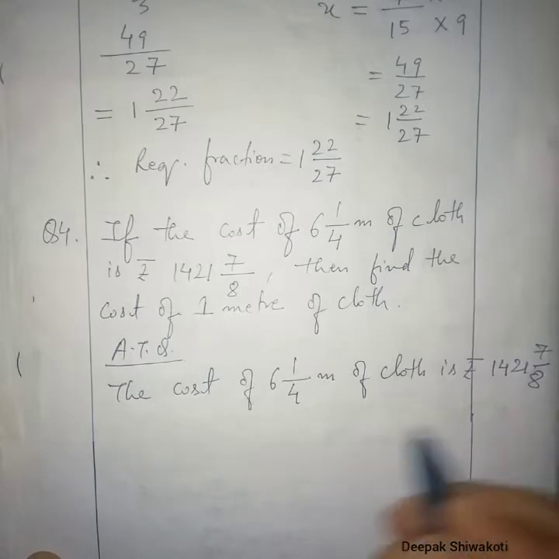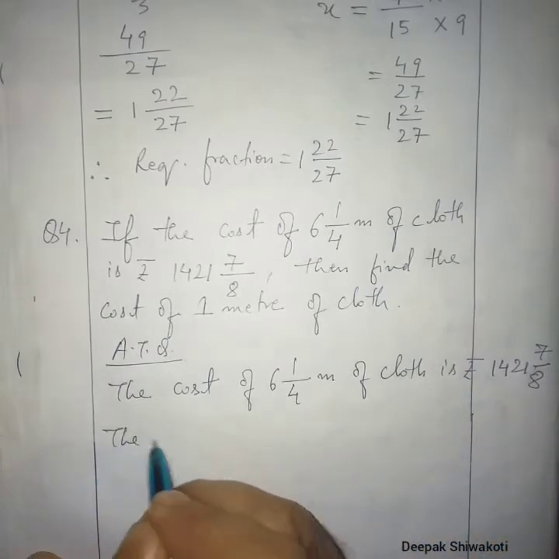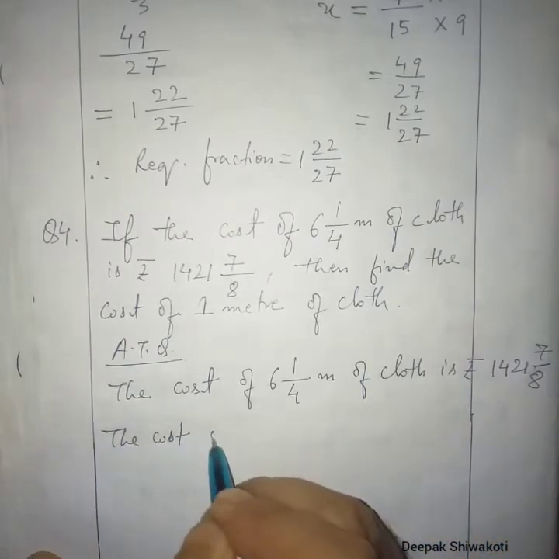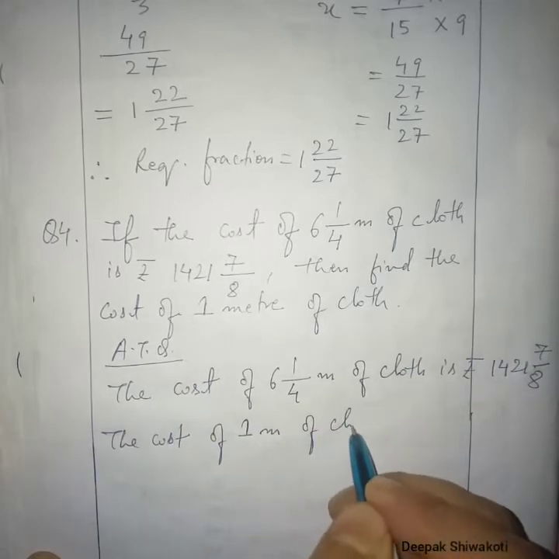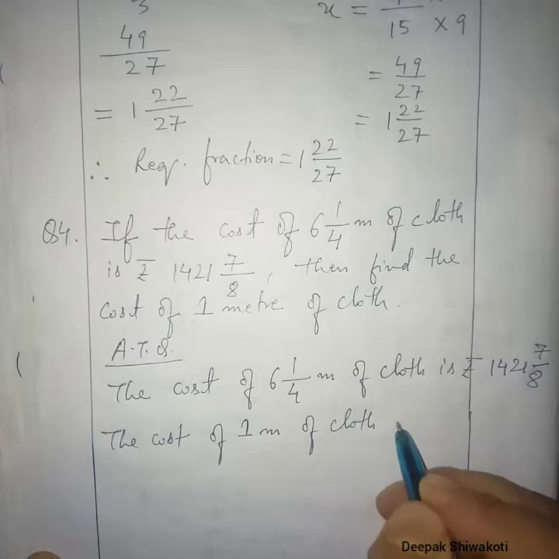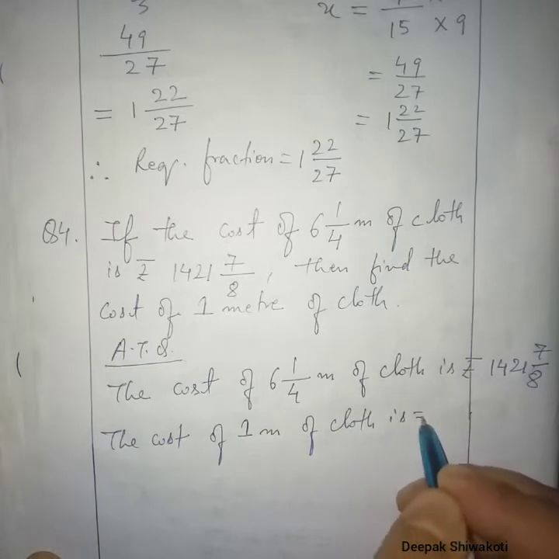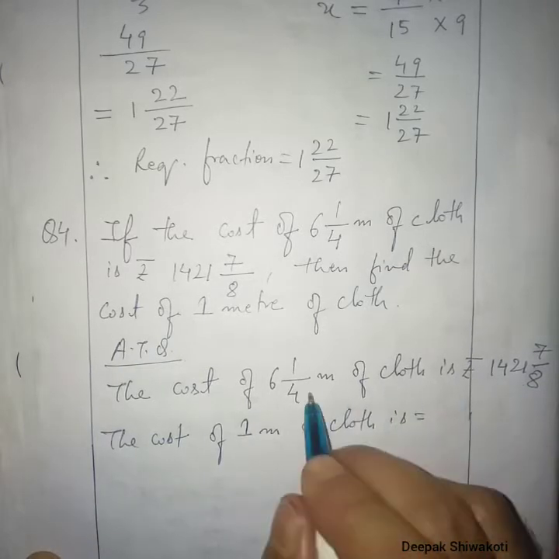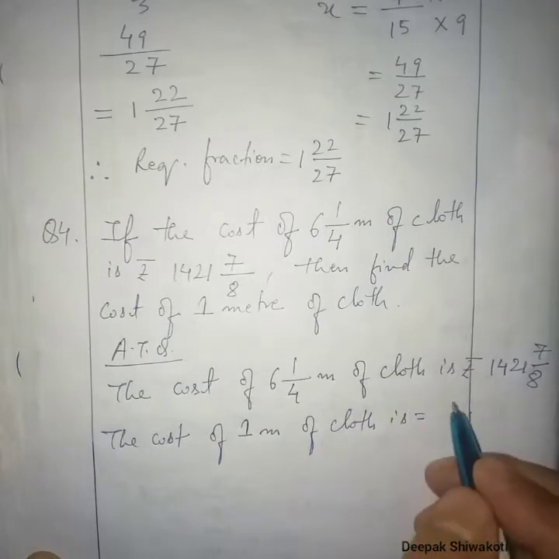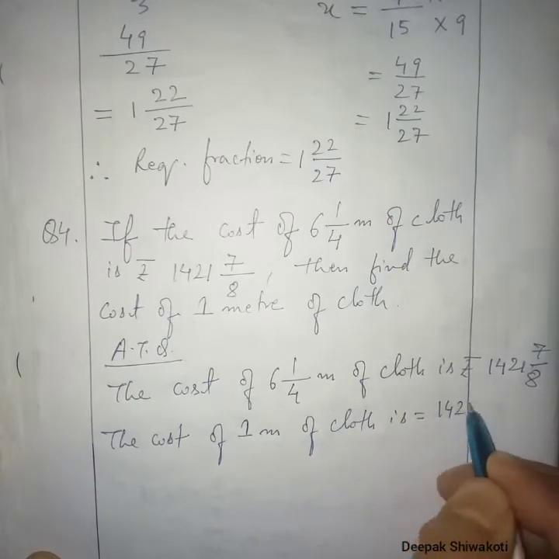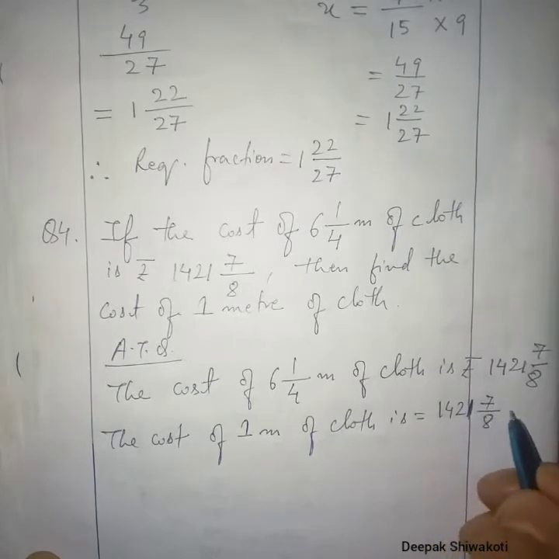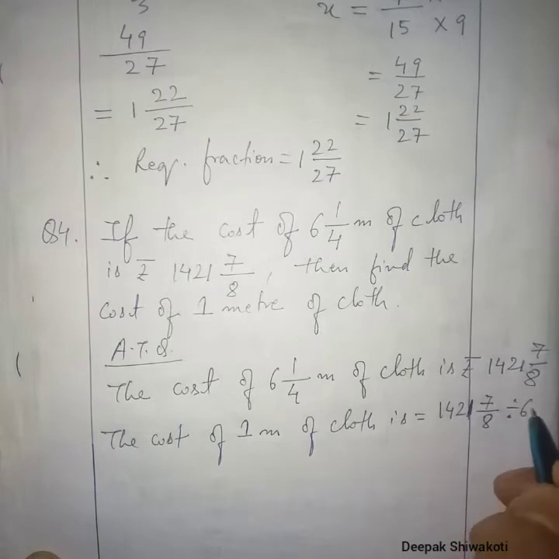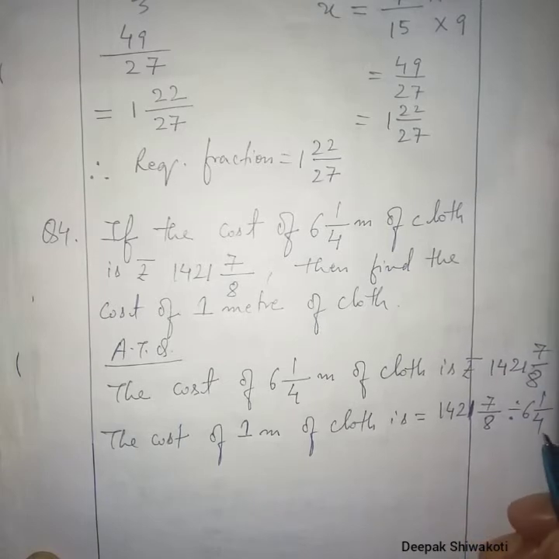Okay, now the cost of 1 meter of cloth is this divided by this, isn't it? That is 1421 whole 7 by 8 divided by 6 whole 1 by 4.